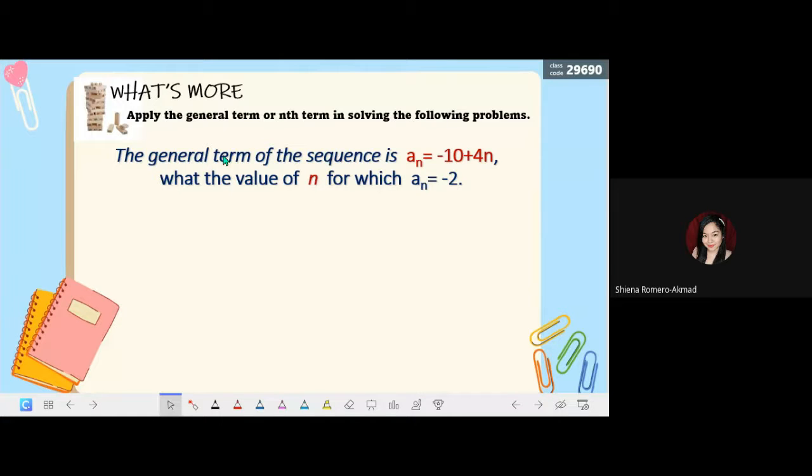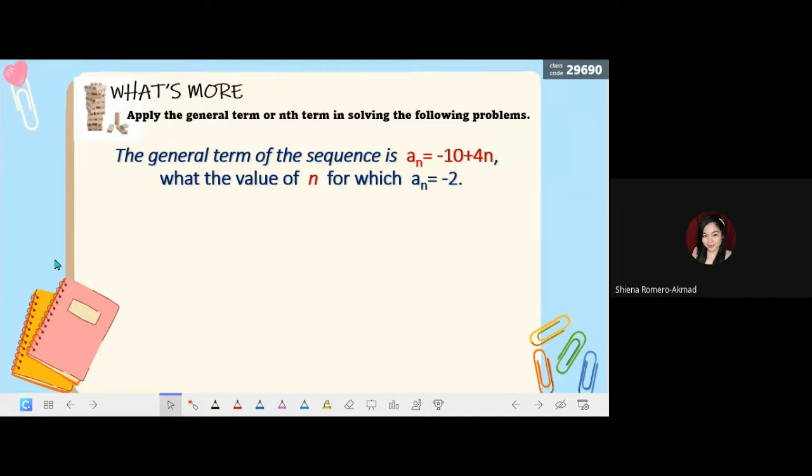Ito naman is you are given a general term for that specific sequence. And you are going to look for the n. Kasi given yung value, pero hindi natin alam kung pang ilan siya. Okay? Hindi natin alam kung pang ilan yung value.